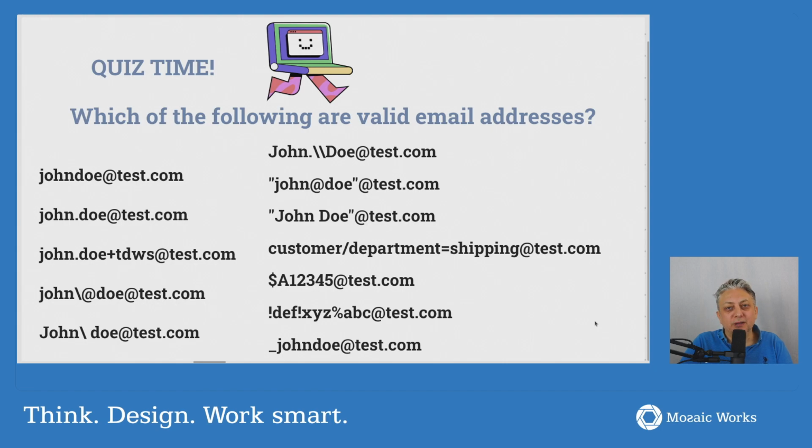And by the way, the dot symbol has a special meaning in email addresses. Google, for example, completely ignores the dot. So yeah, the email addresses are equivalent. John.doe and johndoe, well, they are equivalent.